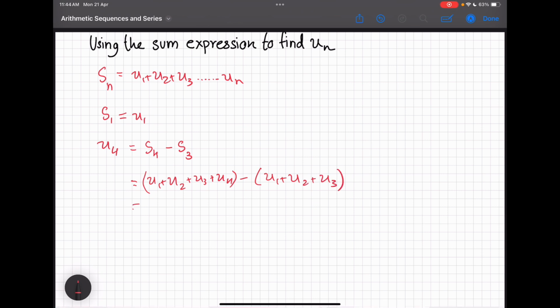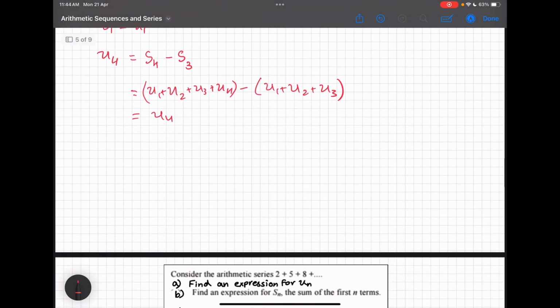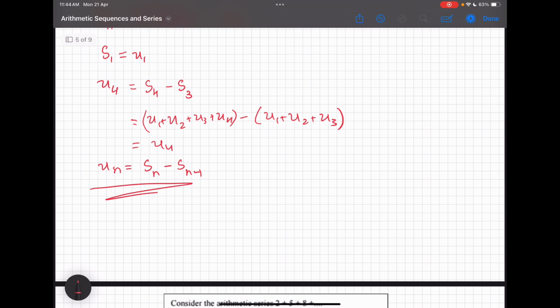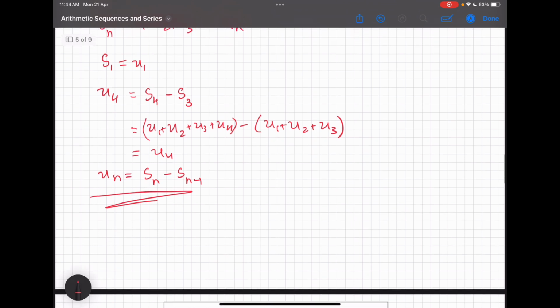So if we subtract that, we get u4. Essentially, you can generalize this: un is equal to Sn minus S(n minus 1). Now this formula is not in your data booklet, so you don't need to memorize it because it should be quite intuitive, but it's a very helpful formula to know for especially some higher level questions.